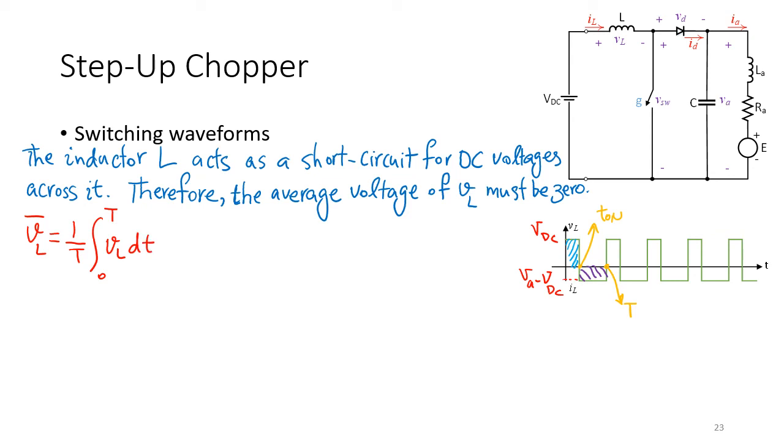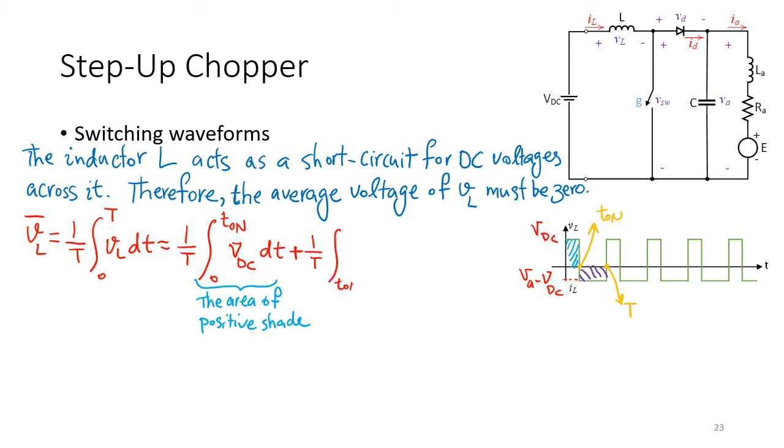It will be equal to 1 over T times the integral from 0 to T on of VDC dt, which is the area of the positive shade, plus 1 over T times the integral from T on to T of VDC minus VA dt, which is the area of the negative shade.